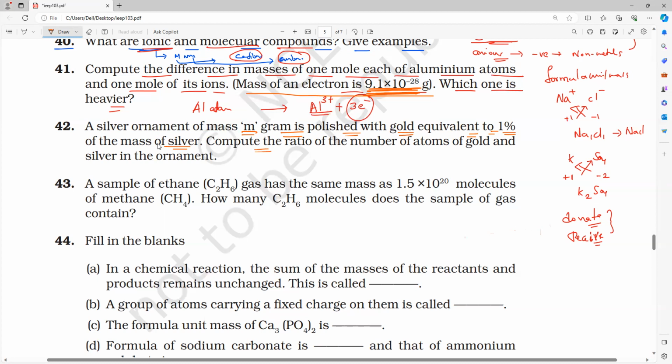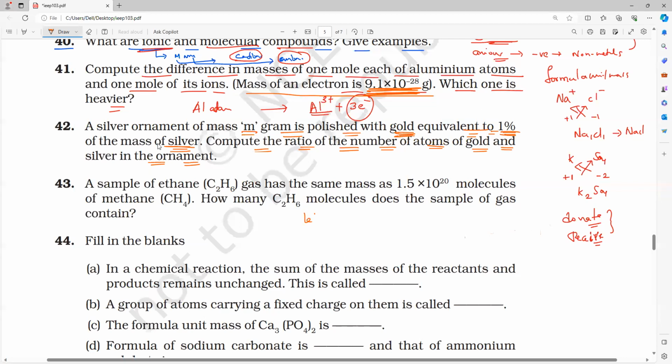This is a very, very good question. If you are interested, it will be very easy. If not, it is very tough. So compute the ratio of the number of atoms of gold and silver in the ornament. Clear, everybody? Up to that you understand.